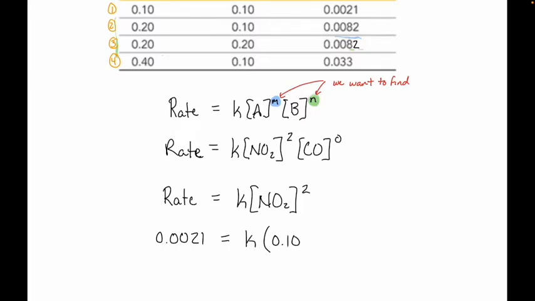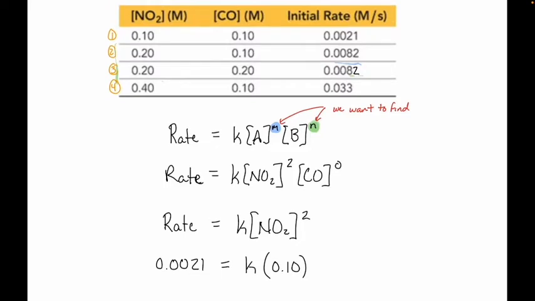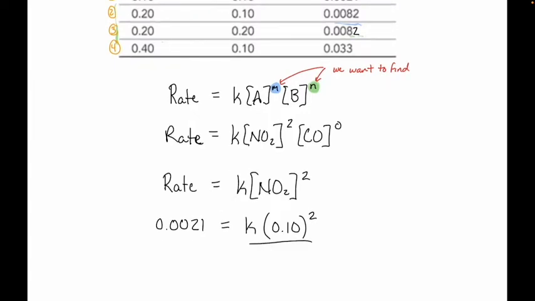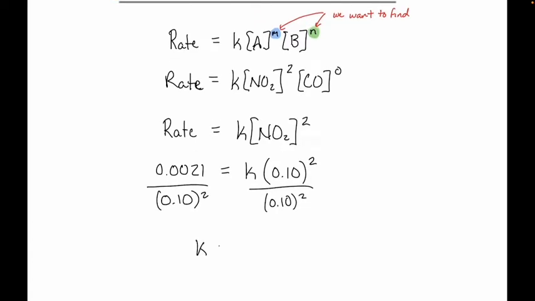And then that concentration at that point was the 0.10 for my nitrogen dioxide. So I'm just going to take that and square it, remember, because it was raised to the power of 2 in my expression. Rearrange by dividing both sides by that 0.1 squared. And what I would find is that k is equal to 0.21.